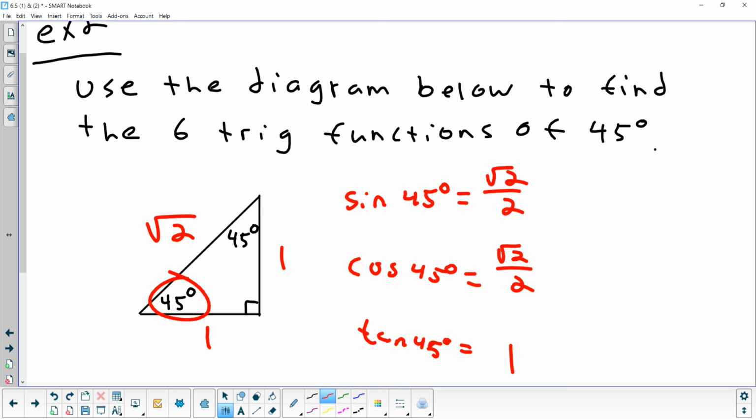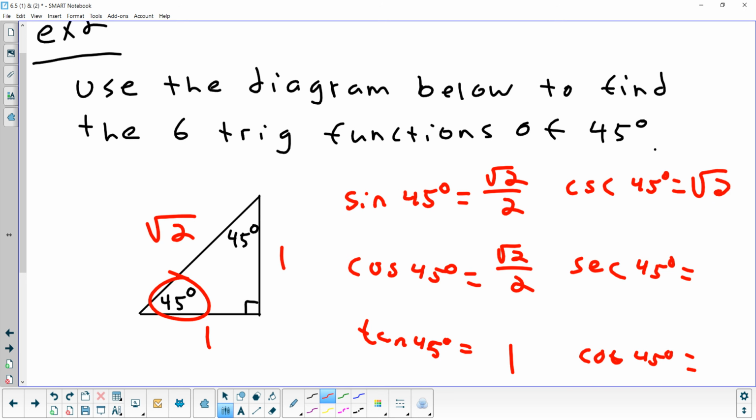And Eli, to get the other 3, what would I do with each of those? Flip them. Just flip them. All right, so when we flip those, we're going to get square root of 2. Or if you don't want to think of it that way, think of it the way I wrote it on the board, hypotenuse over opposite, square root of 2 over 1.